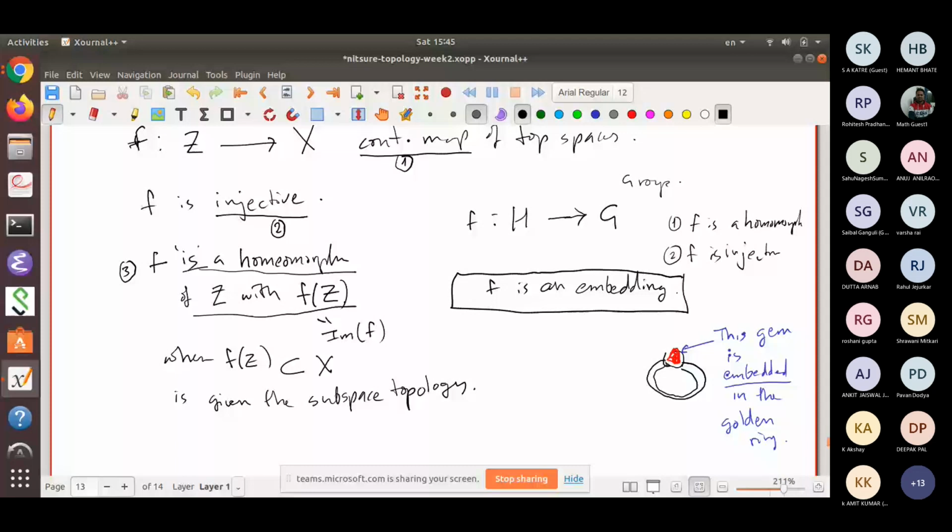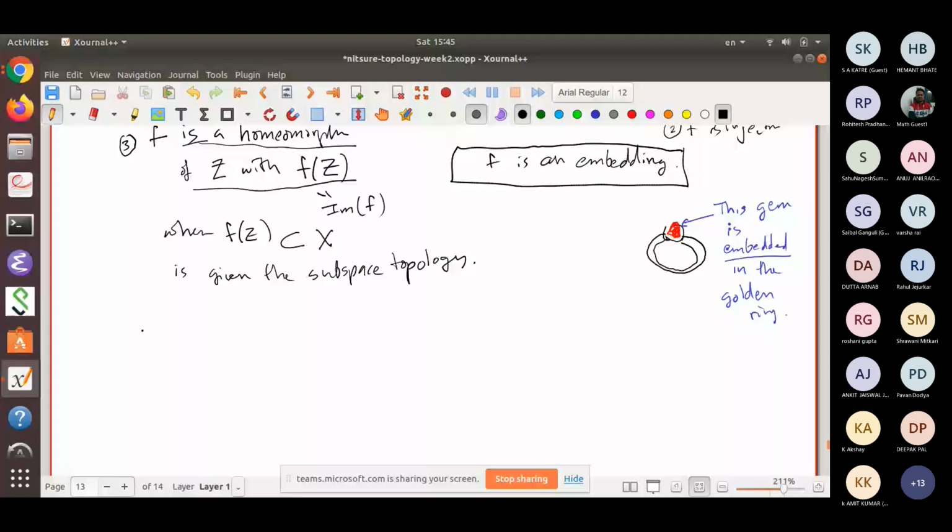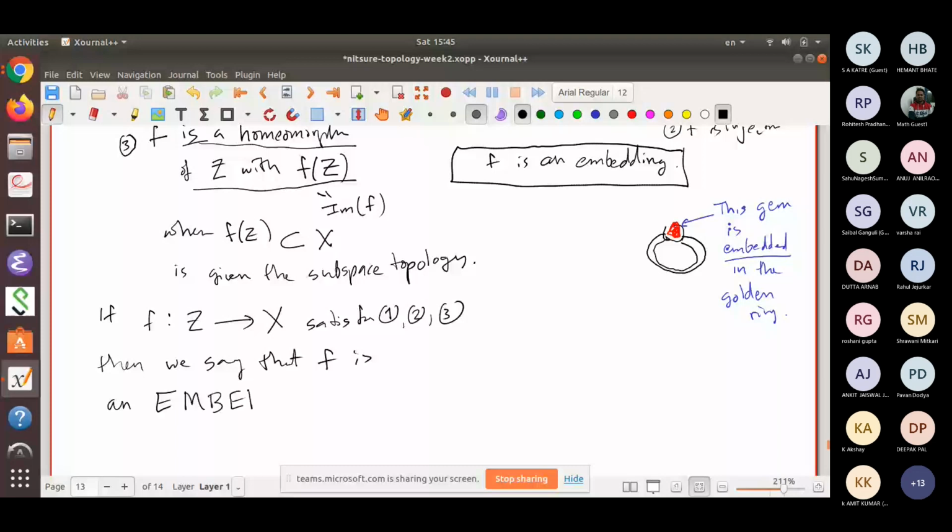So if these three properties hold, then I say that if F from Z to X satisfies 1, 2, 3, then we say that F is an embedding of Z into X. So I have finished telling you the definition.